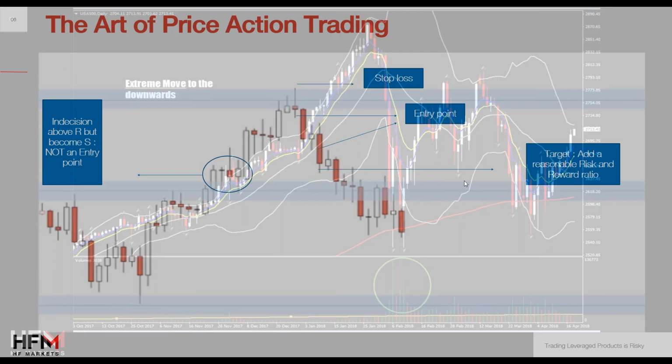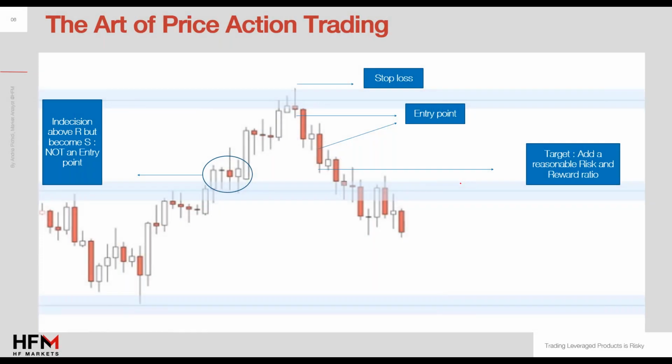This is the art of price action. Candles can speak and can give us a lot of clues. Like Nicole said earlier, this is an equilibrium pattern. There is indecision, or you didn't spot the equilibrium. It was an indecision on the resistance level that now has turned into support.